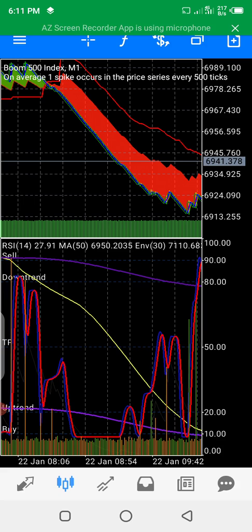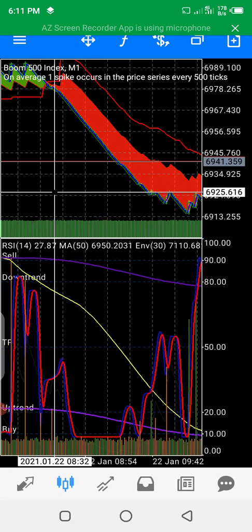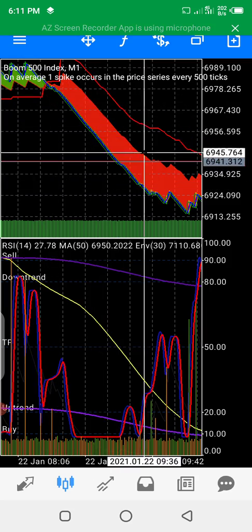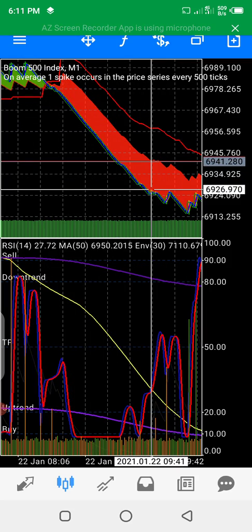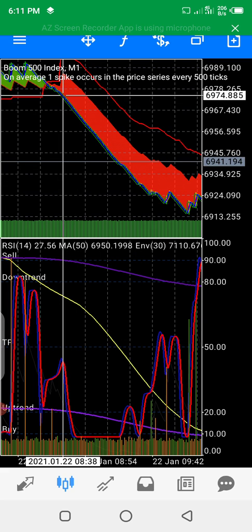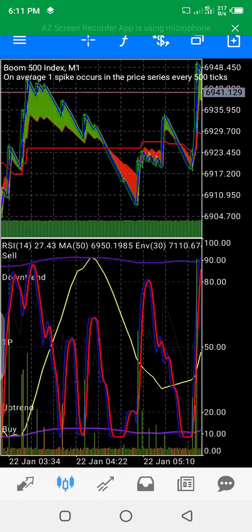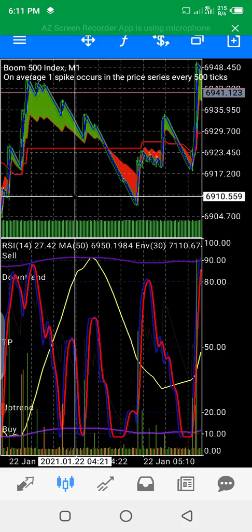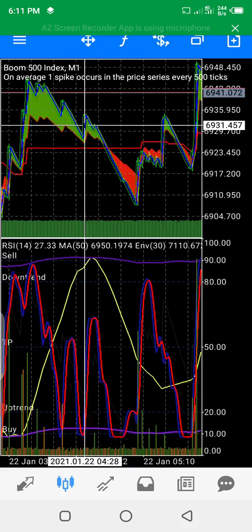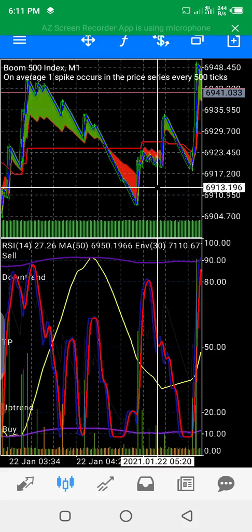And when you see this red color, always know that something is happening at that particular moment as well.